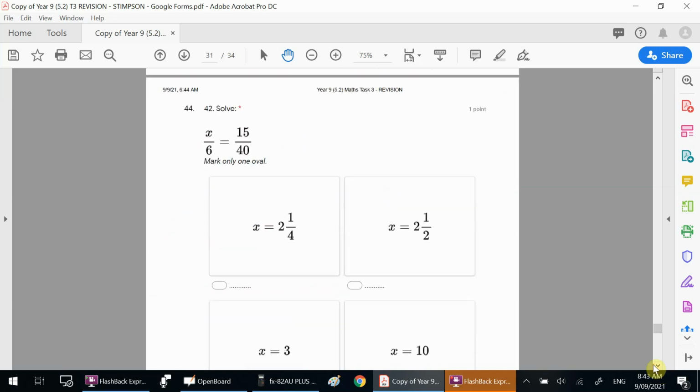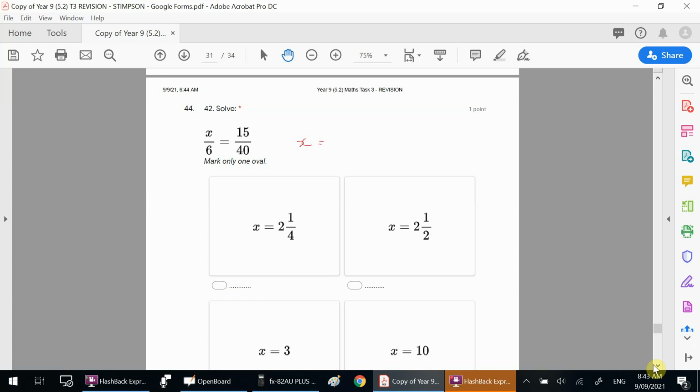A couple of ways you can do this one. I'm just going to multiply everything by 6 to remove this fraction. So that times 6 is x. You can do the cross multiplying thing if you want. I'll do that in a sec actually on this one. Yeah, both ways will get you an answer.